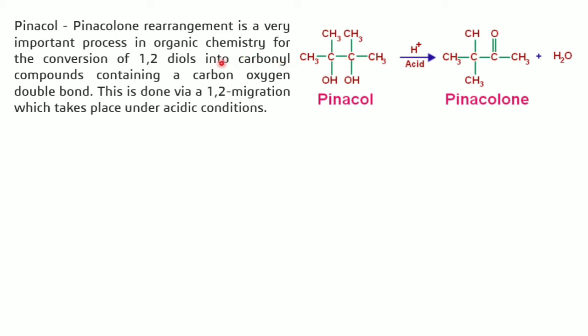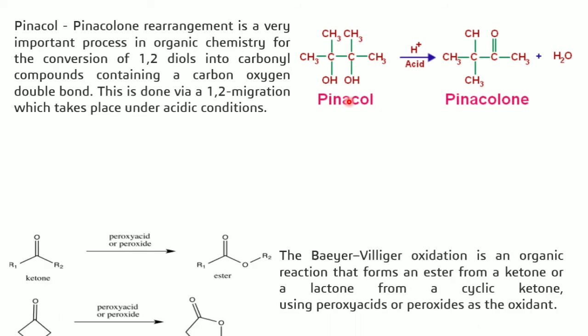This 1,2 diol converts into a carbonyl compound containing a carbon-oxygen double bond. Pinacol is converting into pinacolone. This is done via a 1,2 migration which takes place under acidic condition, and you can observe the rearrangement to pinacolone.